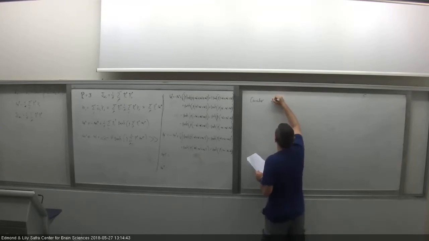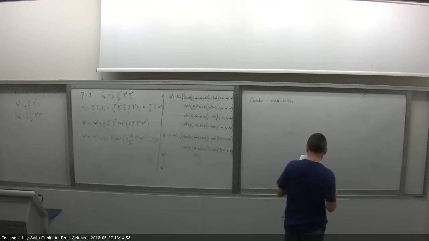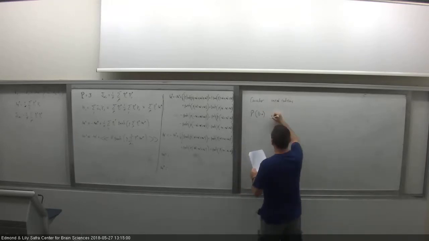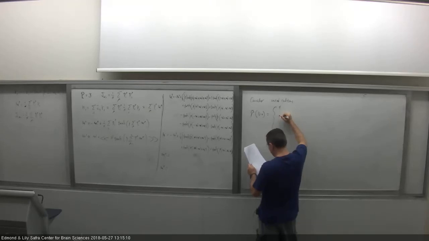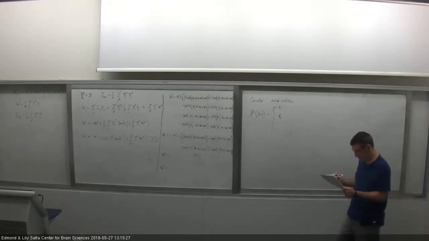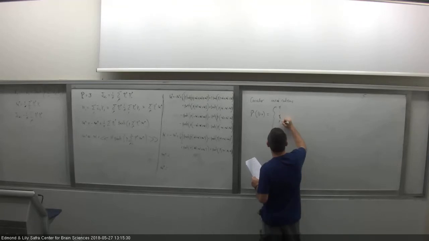So we'll consider initial conditions. The vector of activity at time t equal to 0 will be something like this: the activity of the first Q neurons will be equal to memory pattern number 1, and the rest will be equal to minus memory pattern number 1.